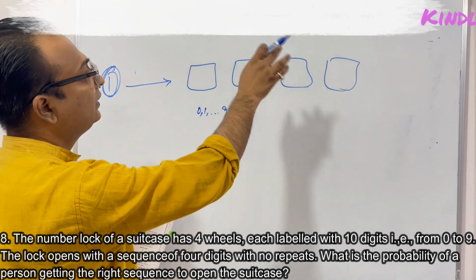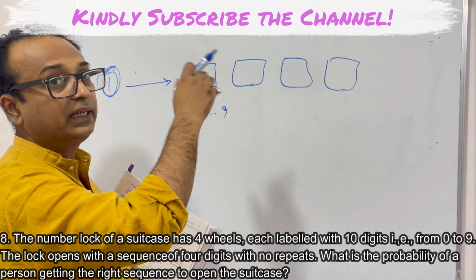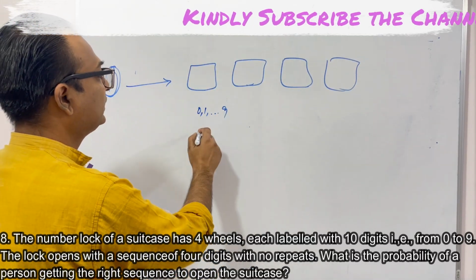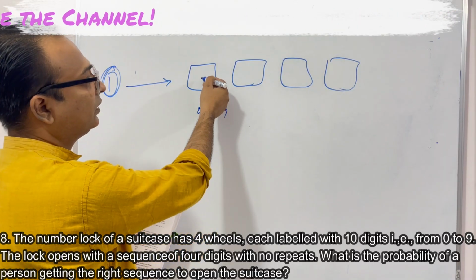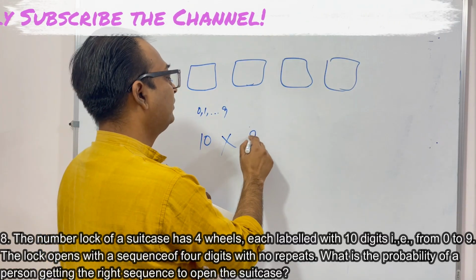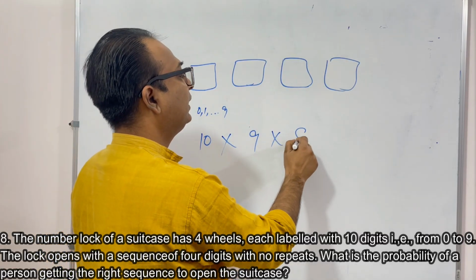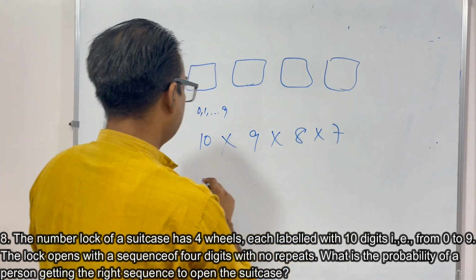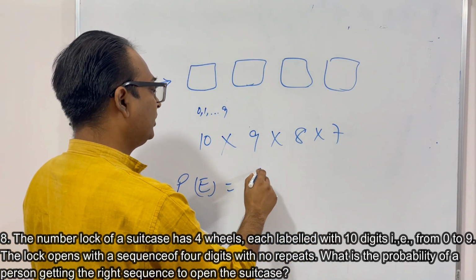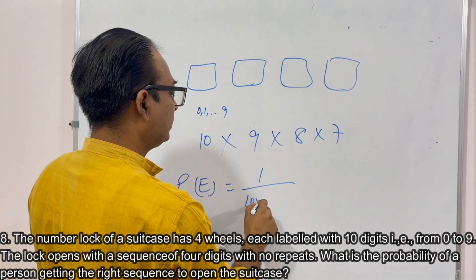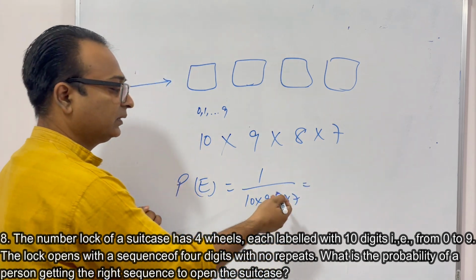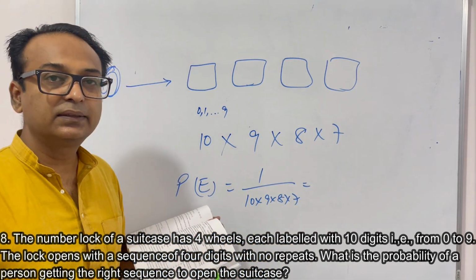And how many possibilities are there of creating a key? It cannot be repeated, so first you can fill it in 10 ways, then 9 ways, then 8 ways, then 7 ways. Therefore the probability of opening the lock will be 1 by 10 cross 9 cross 8 cross 7. You can work out the value. So this is the answer. Okay.